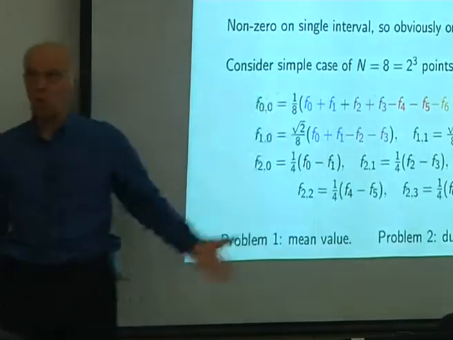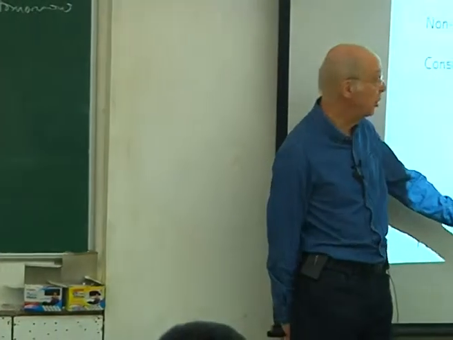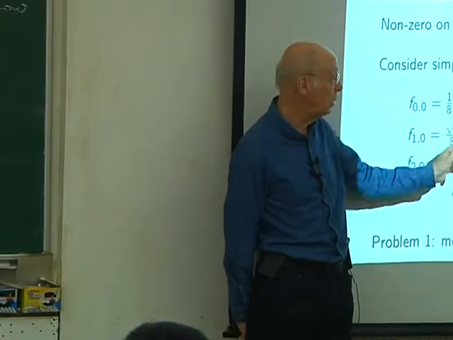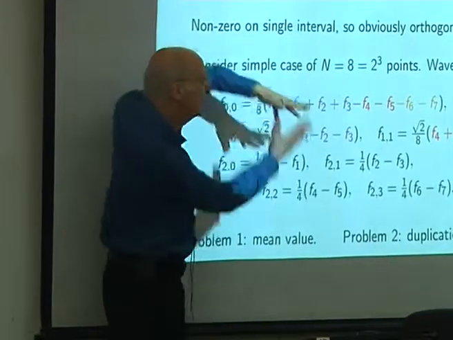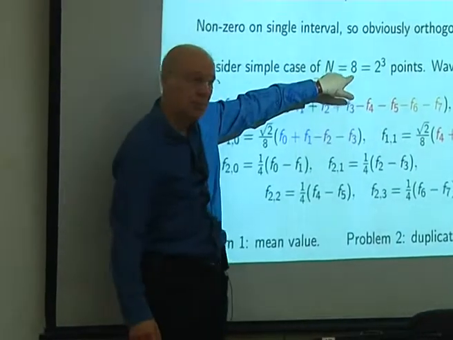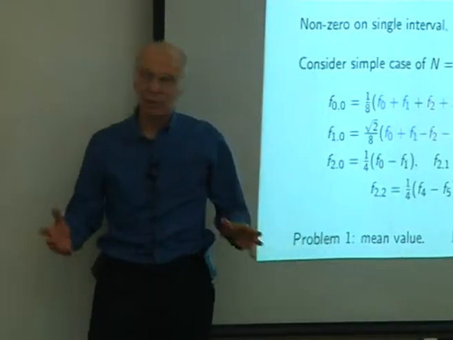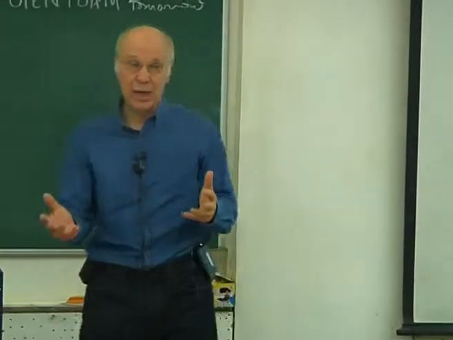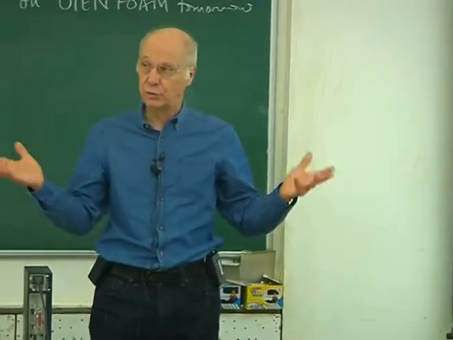So I need one more thing. And the other thing is you can see there's repetition, that I add 0 and 1 together twice. I add 2 and 3 together twice, etc. And when I go beyond 8 points, there's even more duplication. And that's how we get out of this n log n, and push it down to n, is we find a way of not doing the duplication.